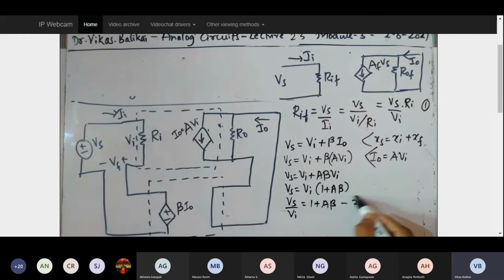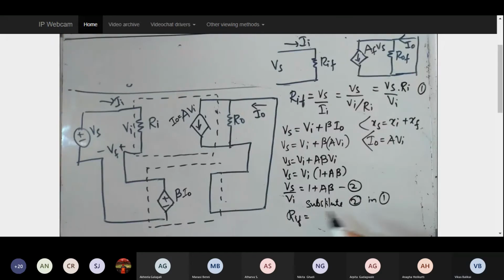And if I substitute 2 in 1, what will be my RIF? RIF will be what? Ri times 1 plus A beta.